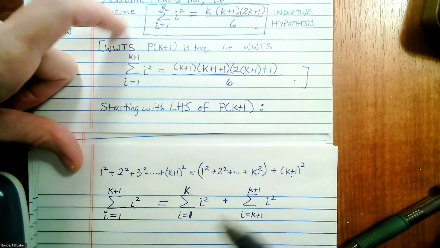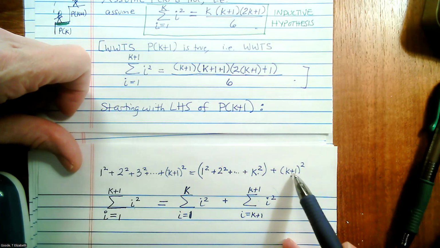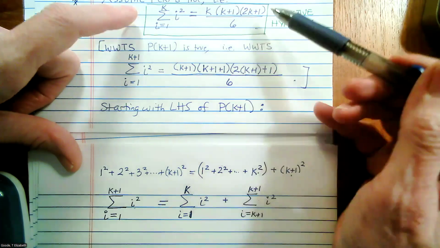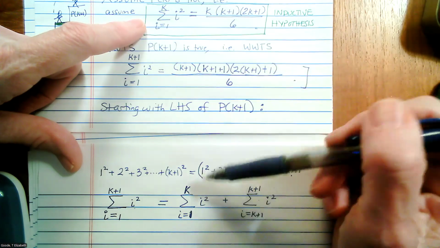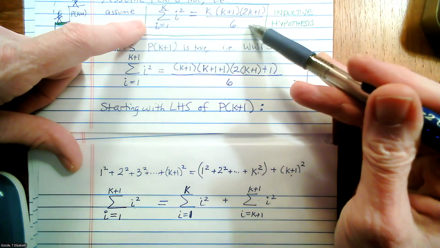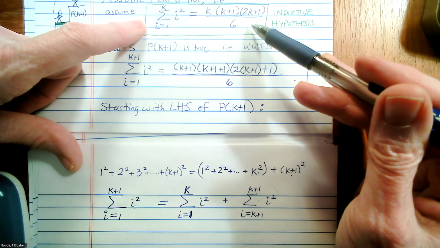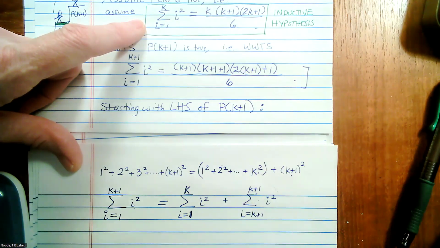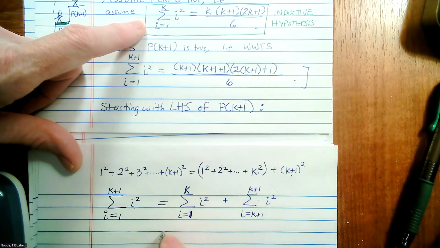But the point is, why did we even do that? Why did we bother to break off this last term? Because we have this nice formula that tells us what this sum from I equals 1 to K of I squared is. It's equal to K times K plus 1 times 2K plus 1 over 6. That step is called using induction.